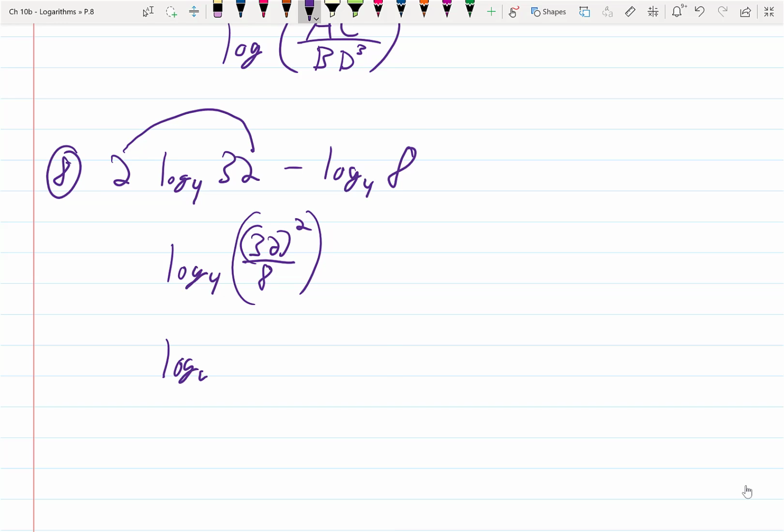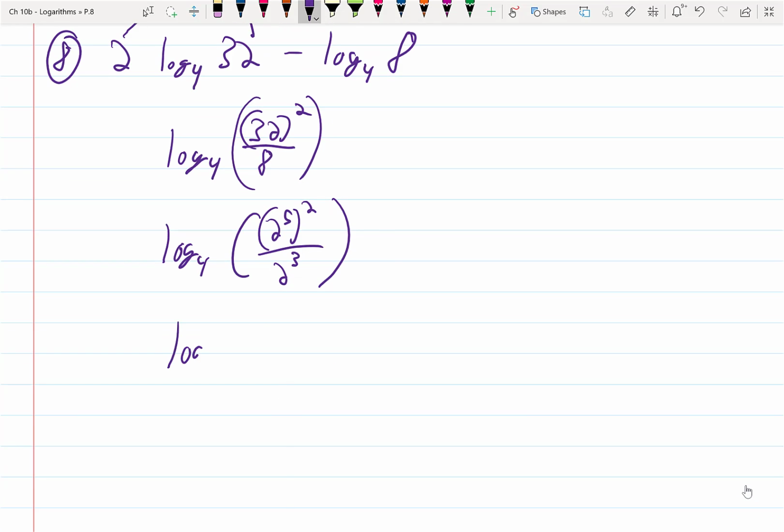This means it's the log base 4 of 32 is 2 to the 5th squared over 2 to the 3rd. Which means the whole thing is 2 to the 5 times 2 minus 3, 7.